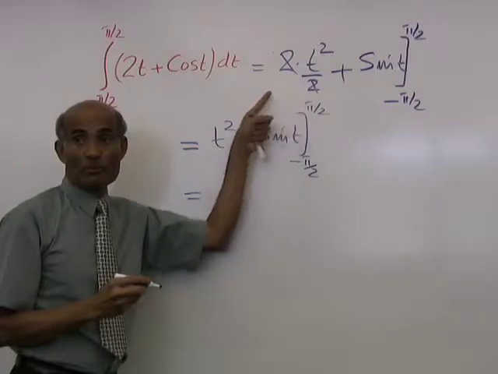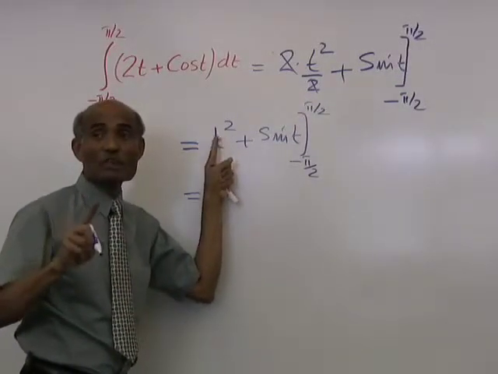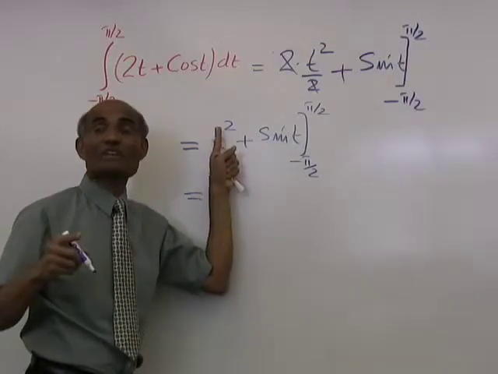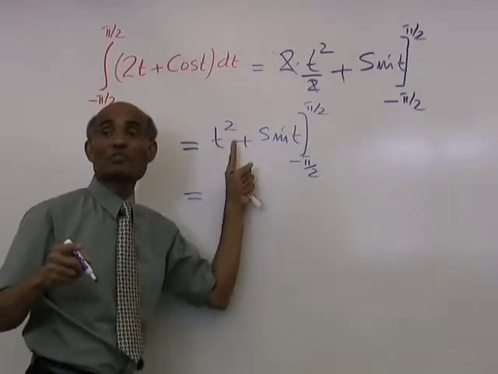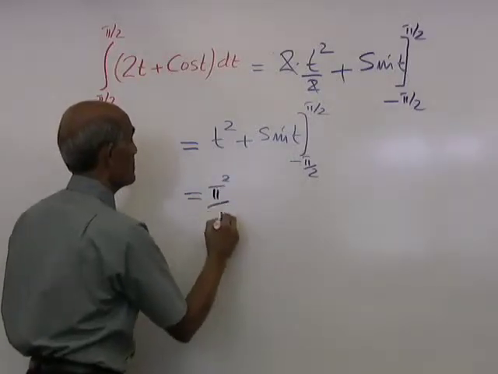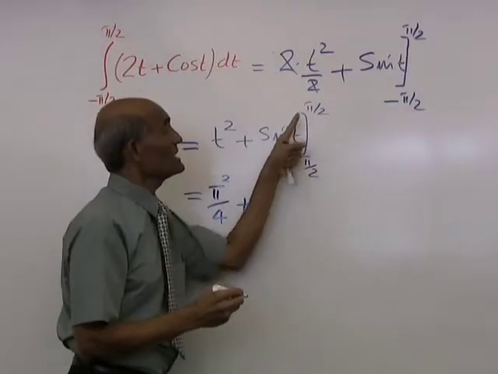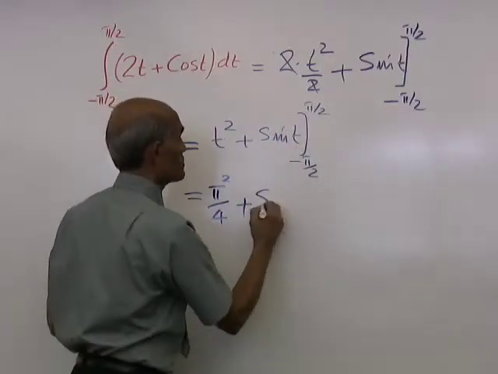First, put the upper limit. Replace t by pi by 2. When t is pi by 2, t squared is pi squared over 4. So this will be pi squared over 4 plus sine of pi by 2.